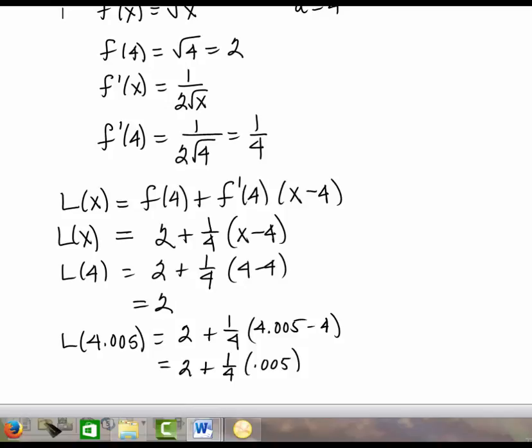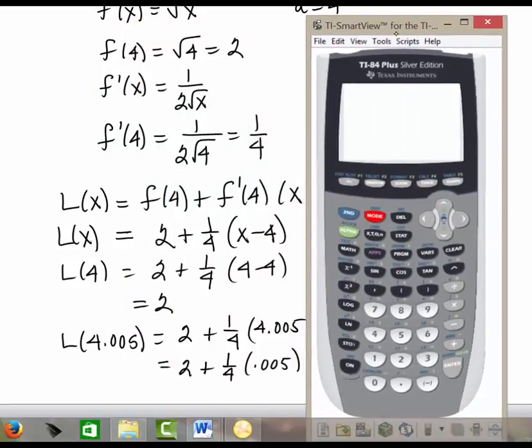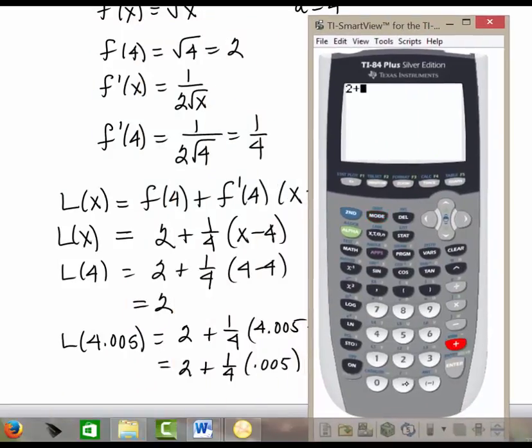Now we can use a calculator to do this arithmetic here. The arithmetic is not too bad if you didn't have a calculator, but to save time, let's plug this in our calculator. So we have 2 plus 0.25 times 0.005. We get 2.00125.